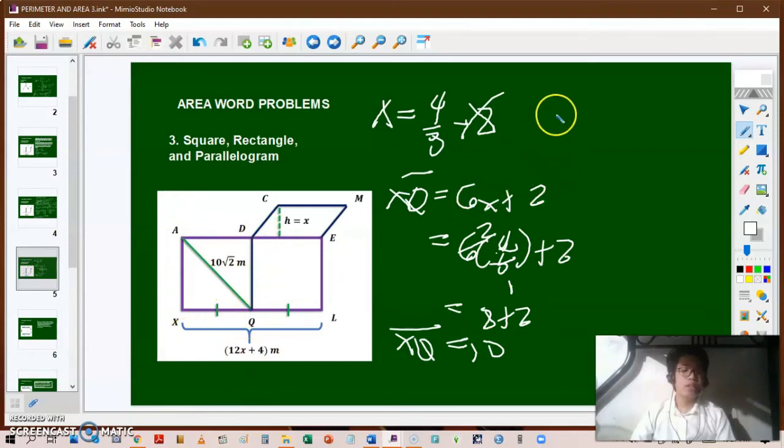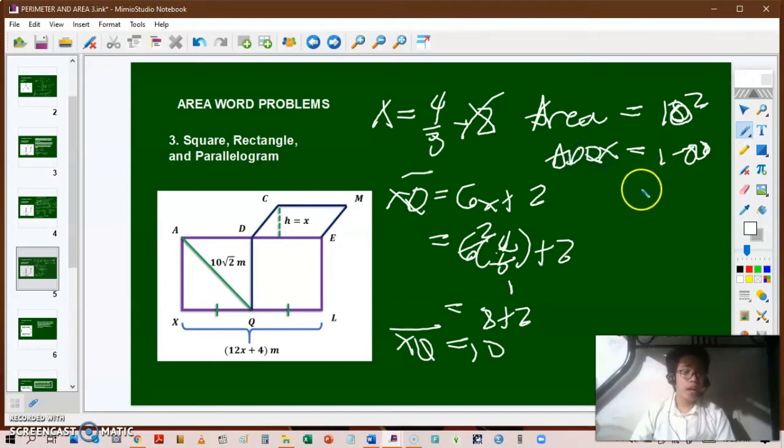So that means the area of square ADQX is 10 squared, which is 100. The area of the square DELQ is also 100.